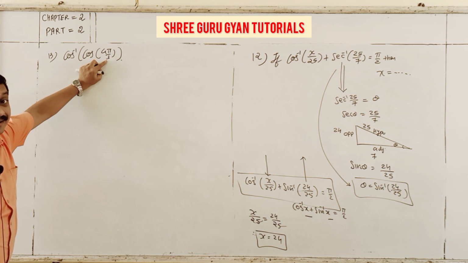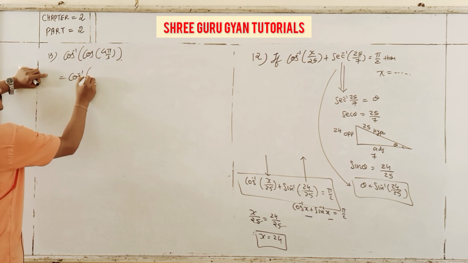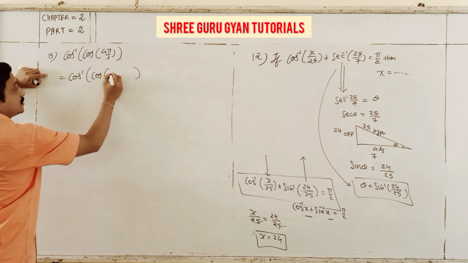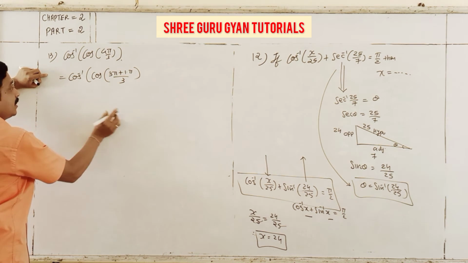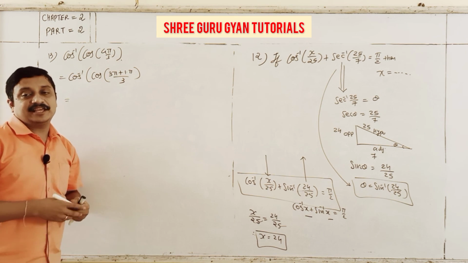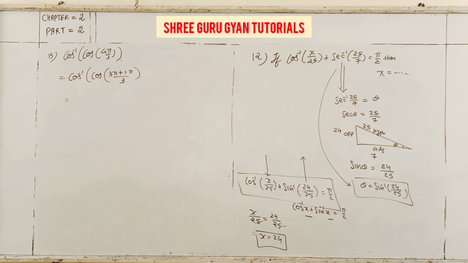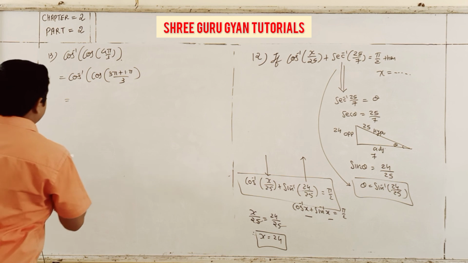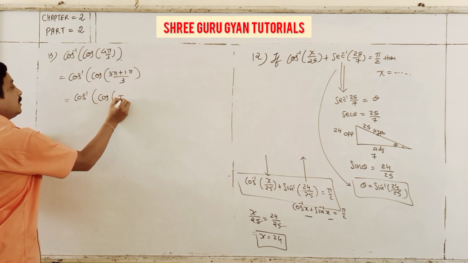Splitting 4 pi by 3 in terms of pi, so cos inverse cos of (pi plus pi by 3), and calculate the solution in a simple way. Correct? So my answer is cos inverse cos of pi plus pi by 3.